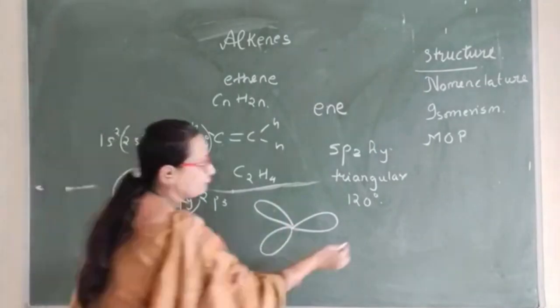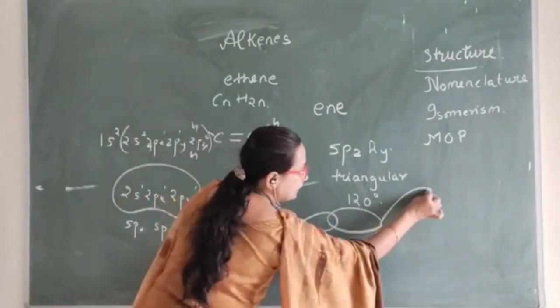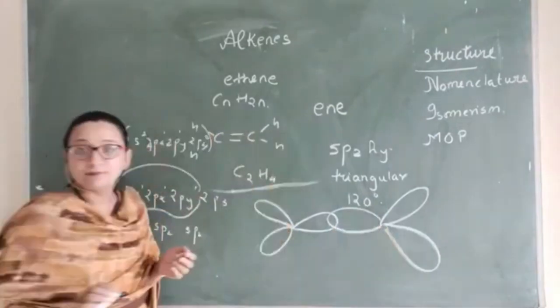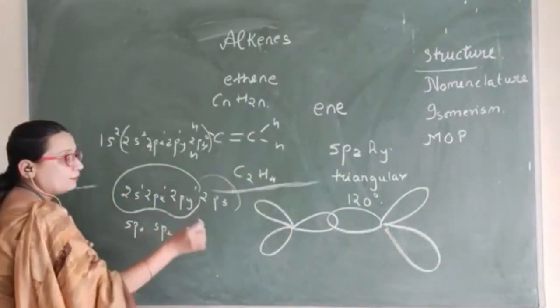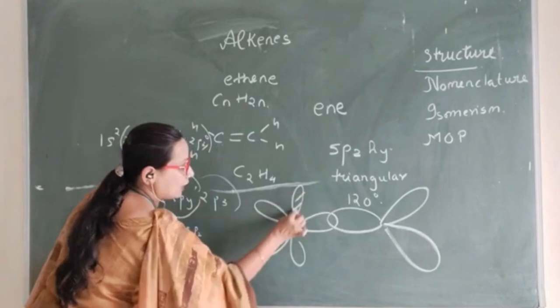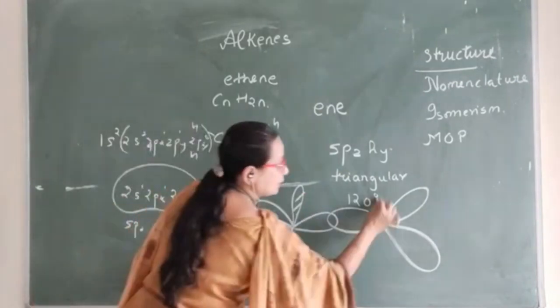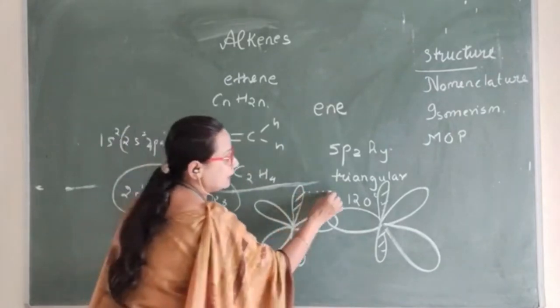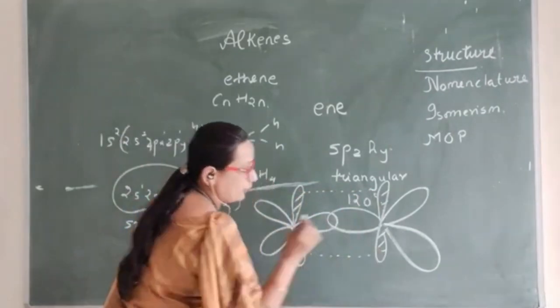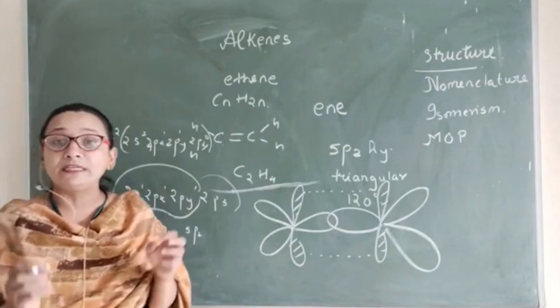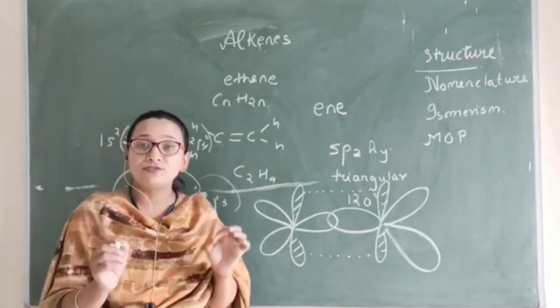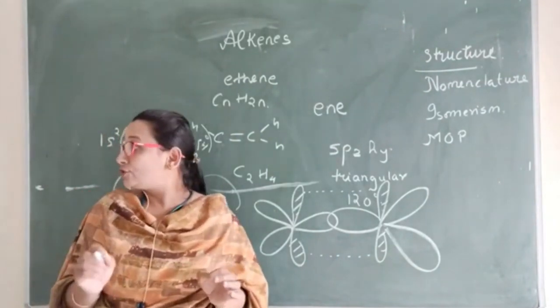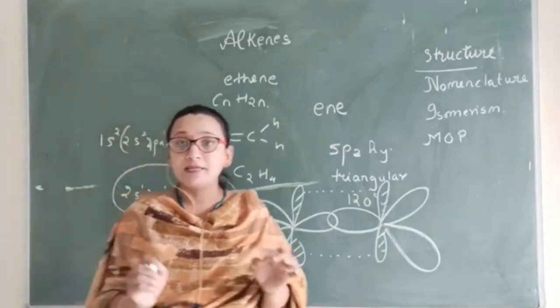Another carbon also has sp2, sp2, sp2. Each carbon has a pz orbital, the pz orbital of carbon number 1 and the pz orbital of the second carbon, and these form a pi bond. That is the basic structure of an alkene, which shows sp2 hybridization.